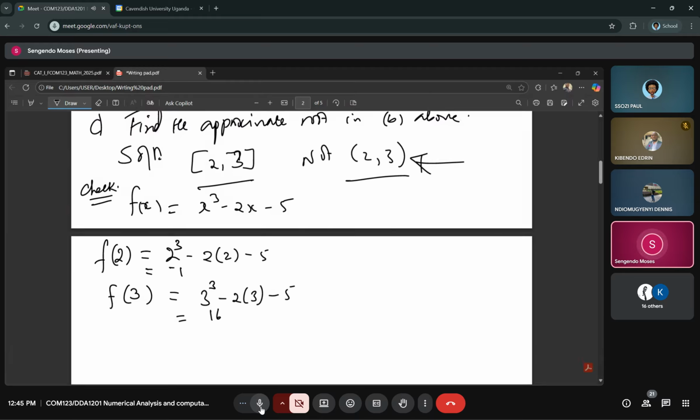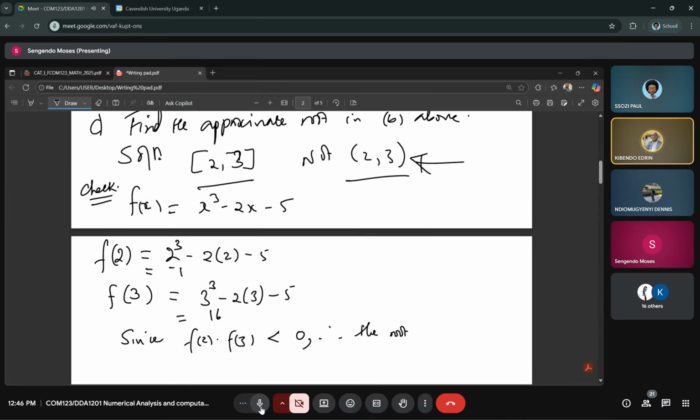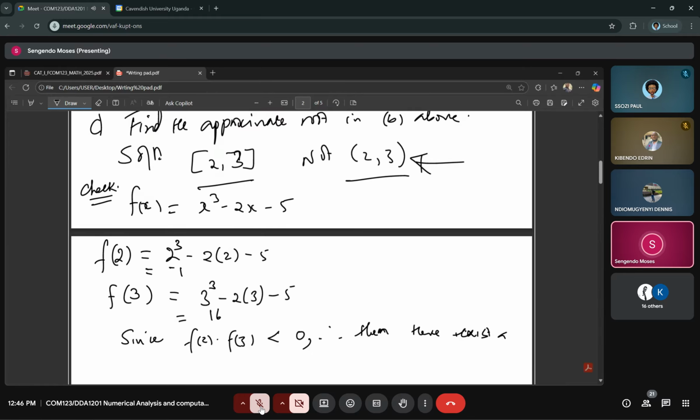Therefore, how do we conclude? Since f(2) times f(3) is less than 0, it's negative, therefore, by the Intermediate Value Theorem, there exists at least one root of the function in the interval (2, 3).